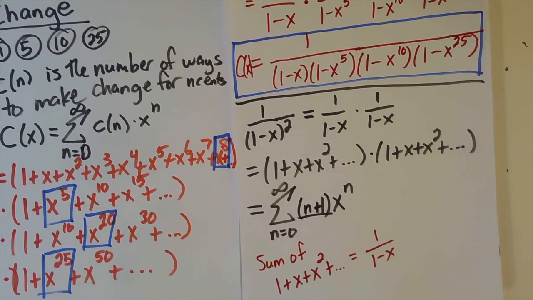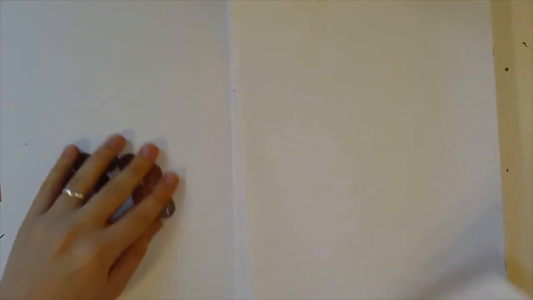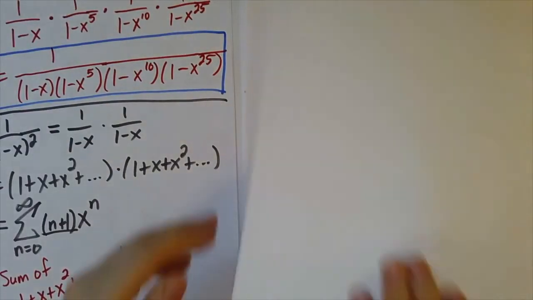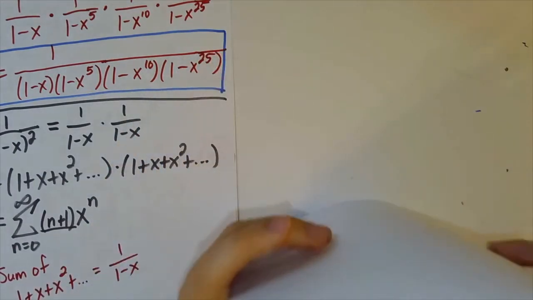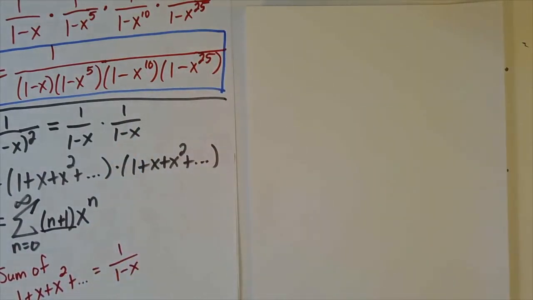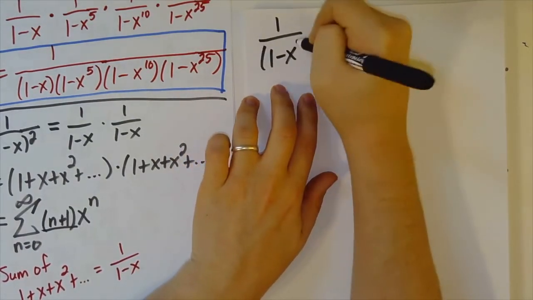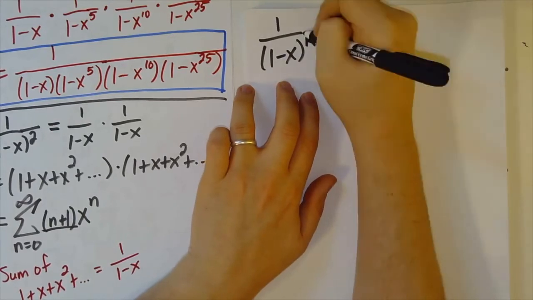Before we wrap up this video, I want to go ahead and generalize the thing we just did. Namely, I want to think about what happens if you take 1 over 1 minus x to the kth power.